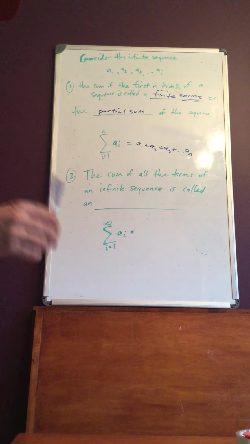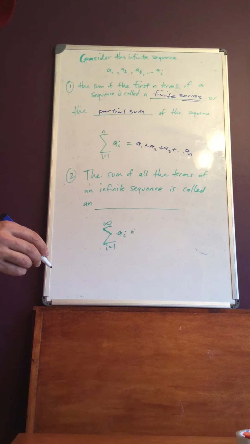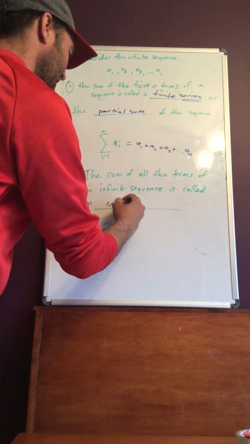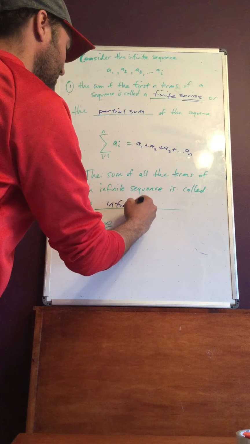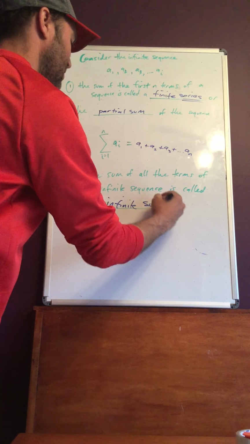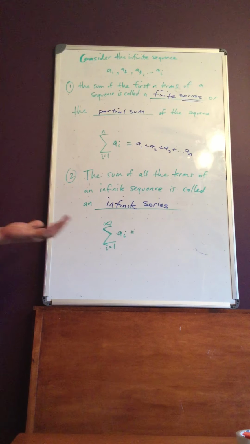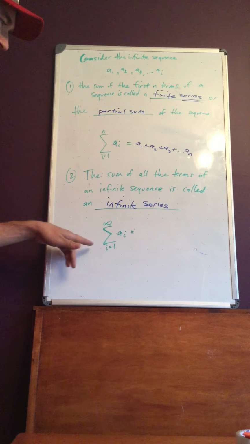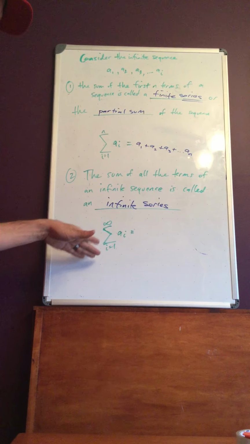The sum of all the terms of an infinite sequence is called an, opposite there, infinite series. And you might be saying to yourself, if there's an infinite number of terms, how in the world are we going to be able to add it together? We'll get to it, okay? So this is an infinite series.